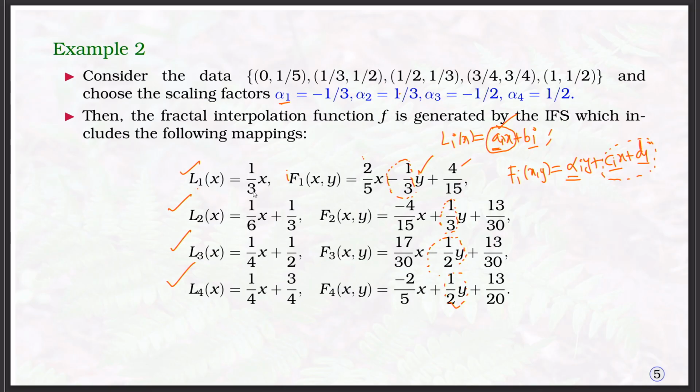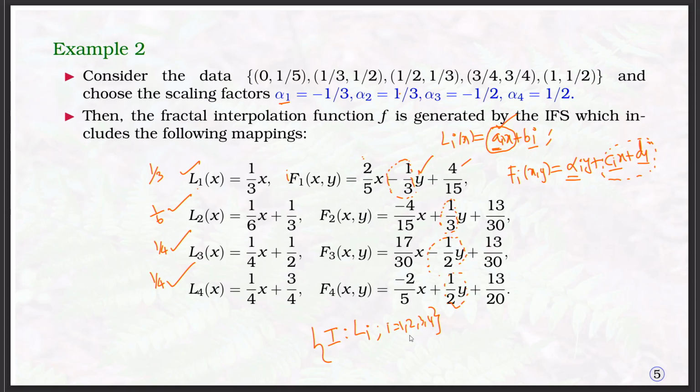Now, what is the contraction factor of the first mapping? It is 1 by 3, the second map's contraction factor is 1 by 6, the third map's contraction factor is 1 by 4, and this map's contraction factor is 1 by 4. Fine. Then the L_i together with the set I, for i equal to 1, 2, 3, 4, form the iterated function system.